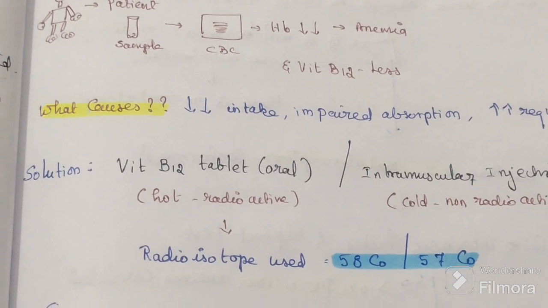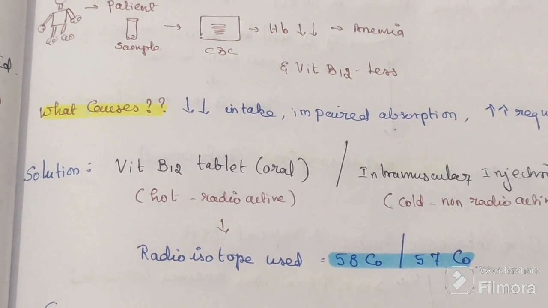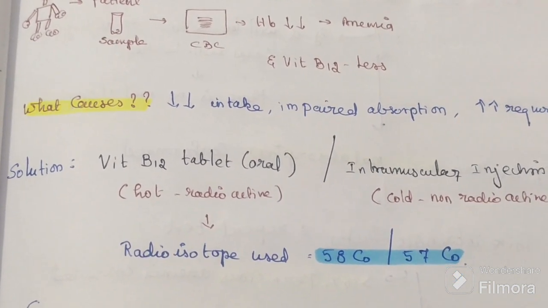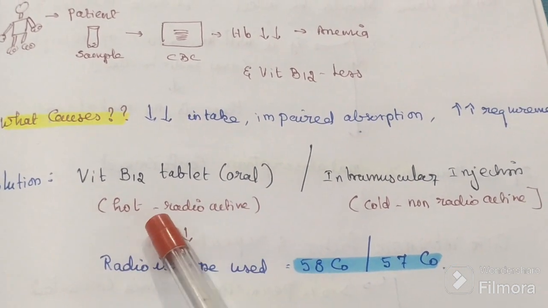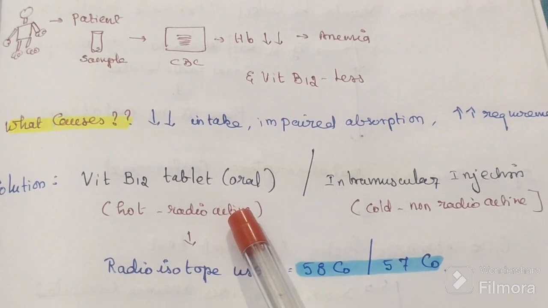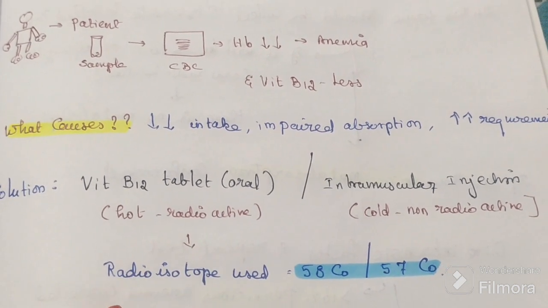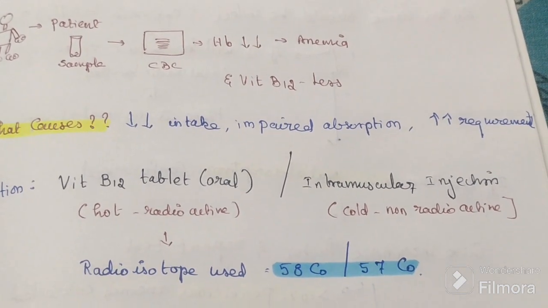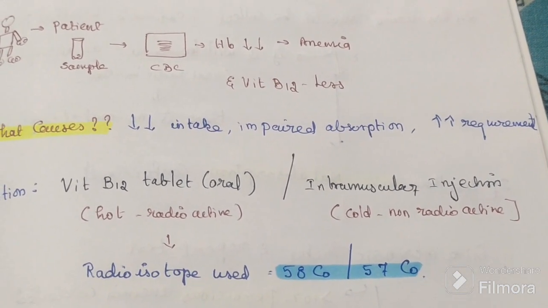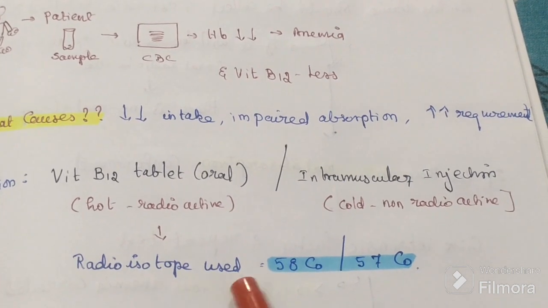So here is the solution: give oral vitamin B12 in the form of a tablet. This one is the hot, the radio labeled one. Here the radio isotope we are using is 58 cobalamin or 57 cobalamin, a radioactive isotope.